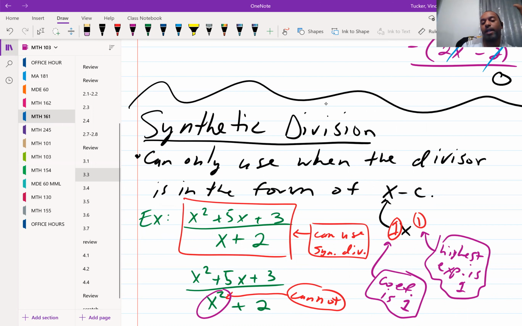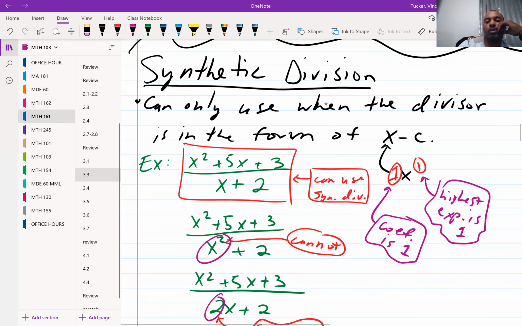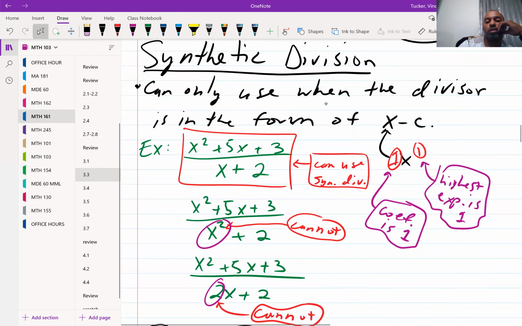So if it's anything other than that, you cannot use synthetic division. So if you look at these 3 examples in the green, the first one, you can use it. Right there.